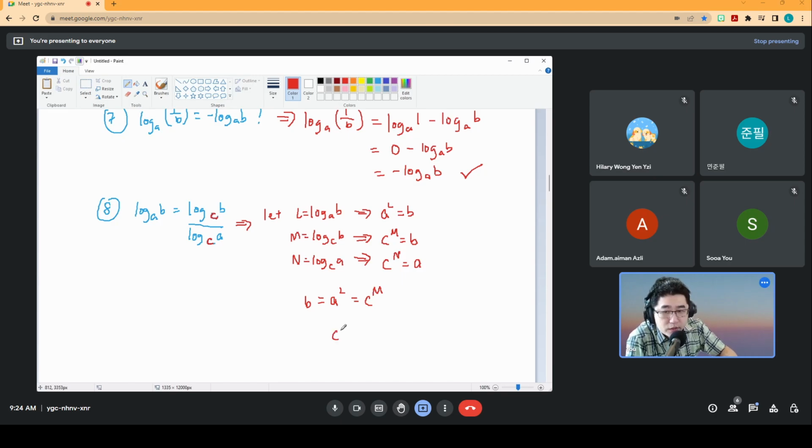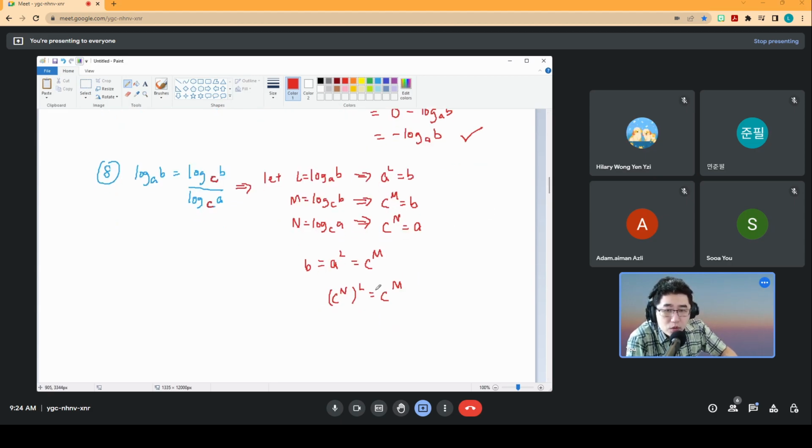So I replace them inside. According to the indices rule, we will have c^(NL) equals c^M. Since they have the same base, NL equals M. Hence, L equals M over N. It's true. You will see that log_a b equals log_c b over log_c a. You know that is true. Are you okay?